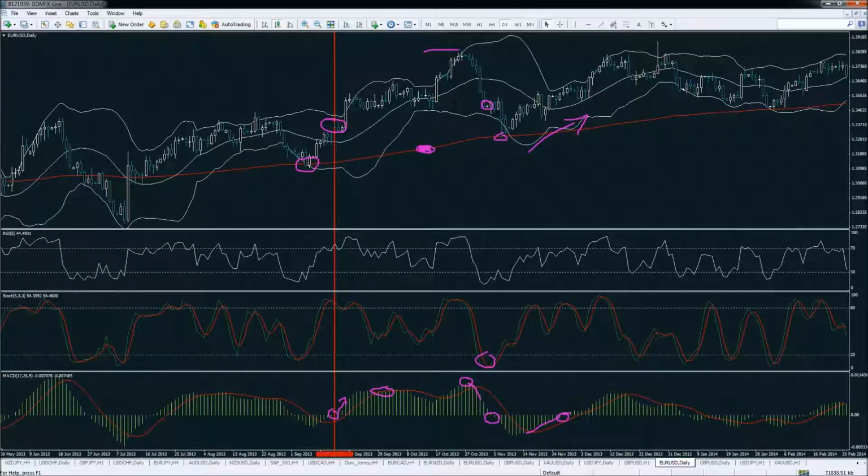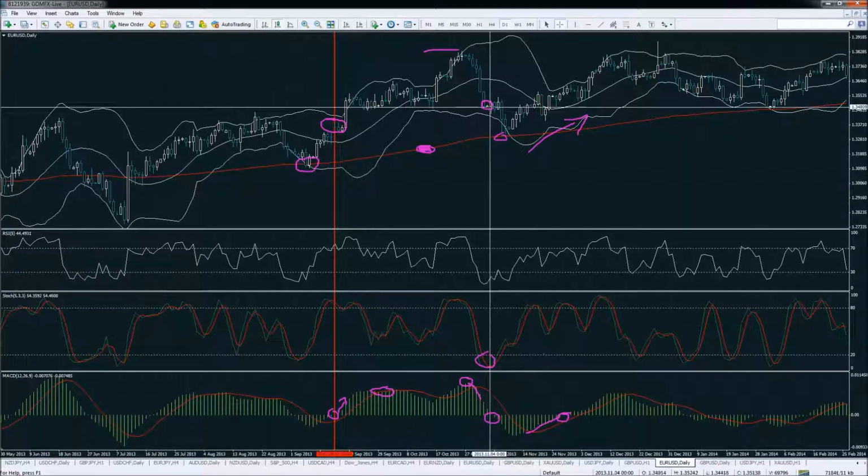However, let's consider a potential trade. If we consider a potential trade somewhere between this point and this point, we would definitely be profitable with around 179 pips in this case for the euro, which is a pretty good trade for about 3 days.